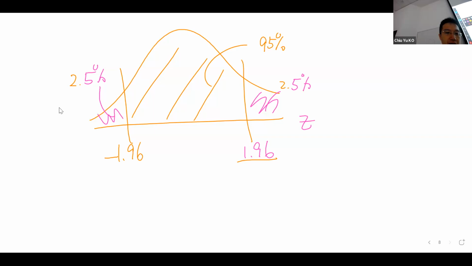Do note that the p-value depends on your hypothesis. Suppose H1 is mu is less than A, for example. Your p-value will be, no matter where you are, the area on the left. Doesn't really matter where you are, look always on the left.